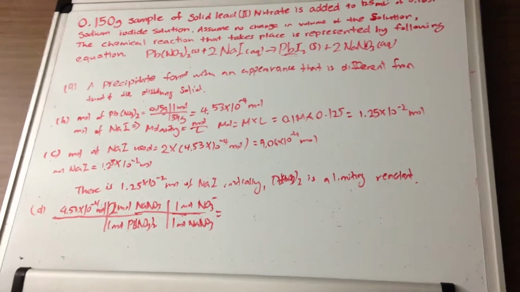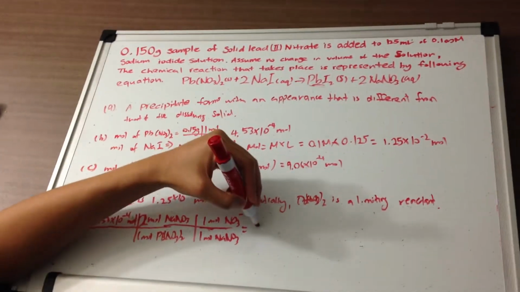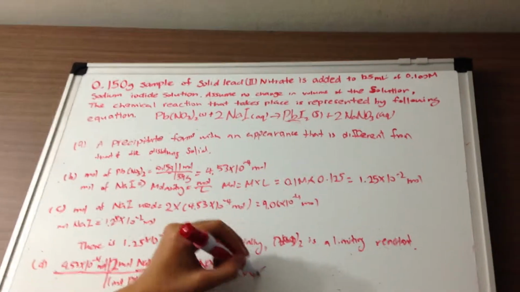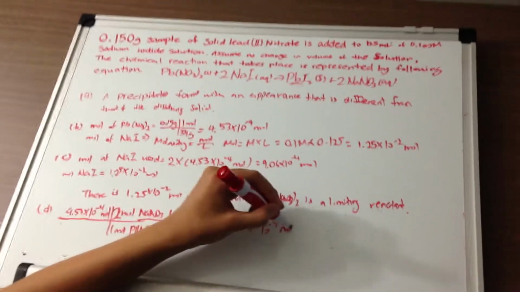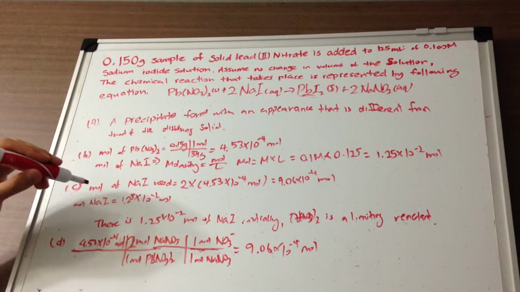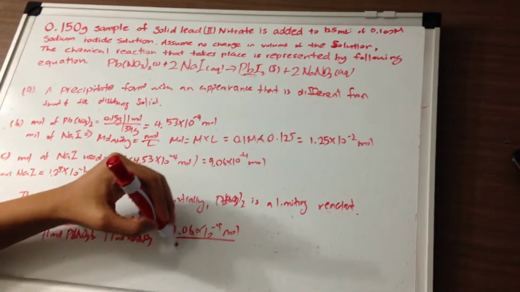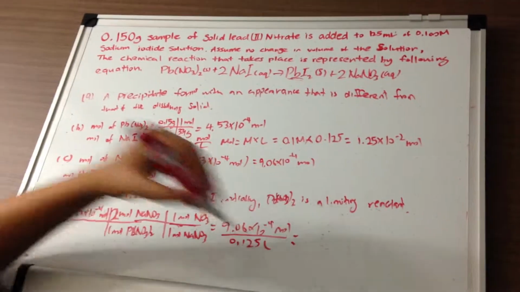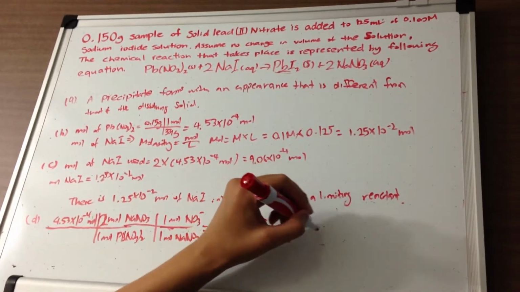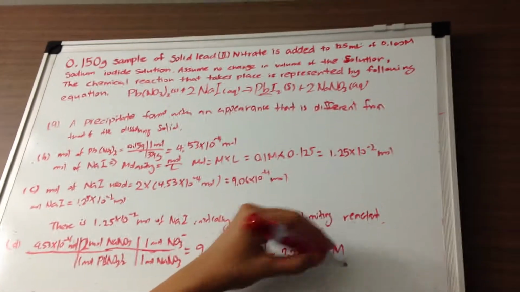So that results in 9.06 times 10 to the negative 4 mole. And this is not all. Because it's asking about the molar concentration, you have to divide this by 0.125 liter, because it says assume no change in the volume of the solution. So then this results in 7.25 times 10 to the negative 3 molar.